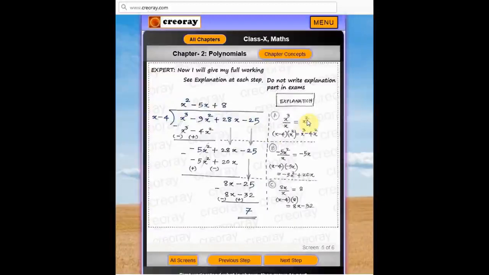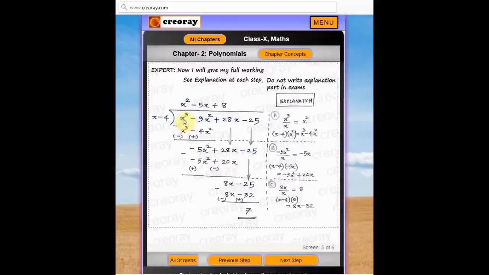Now multiply this x squared with this divisor x minus 4. So when you do x minus 4 into x squared, you get x cubed minus 4x squared. This complete term, transfer it here, just below this dividend.